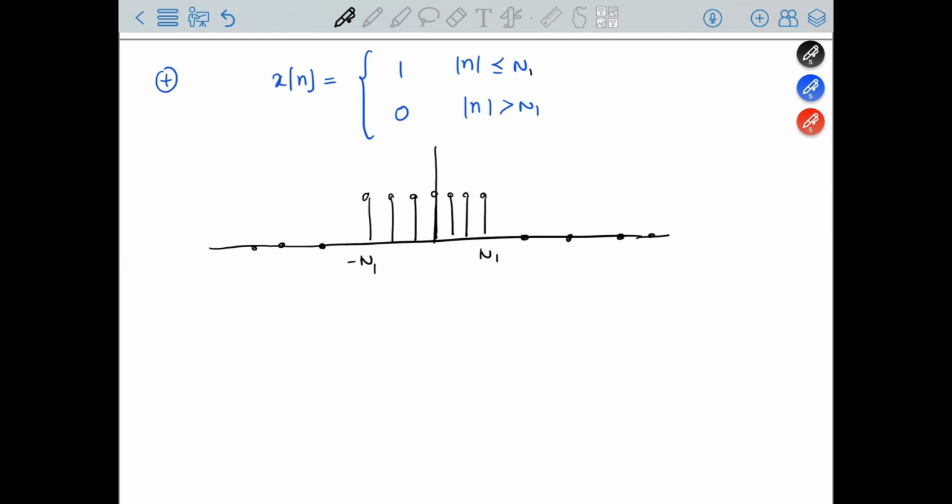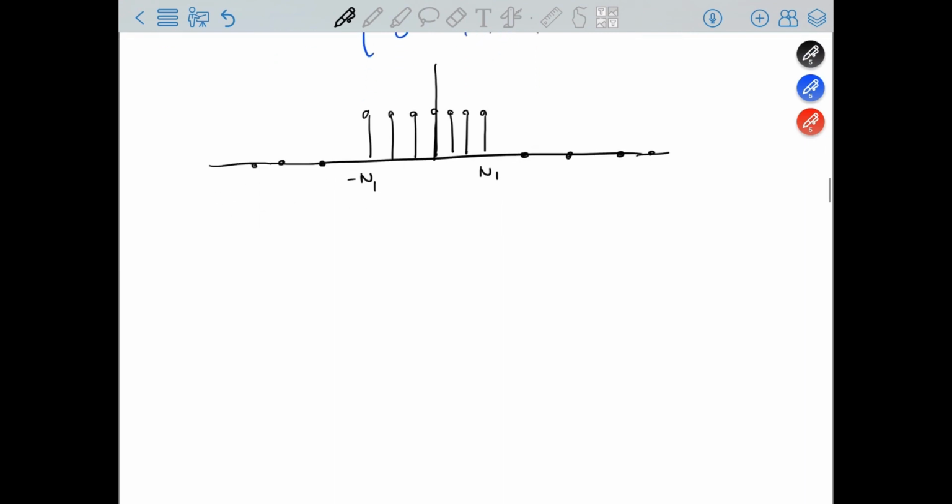If you see the envelope of the signal, you will see that it resembles the square wave in case of continuous time. So now we'll solve the Fourier transform for this kind of signal. So we have X e raised to the power j omega.